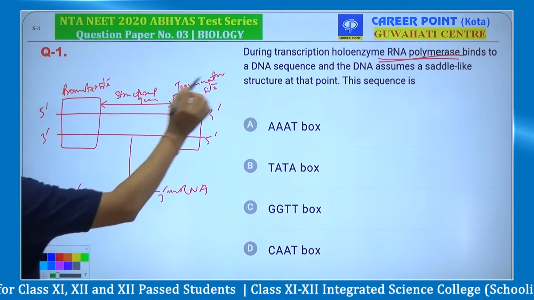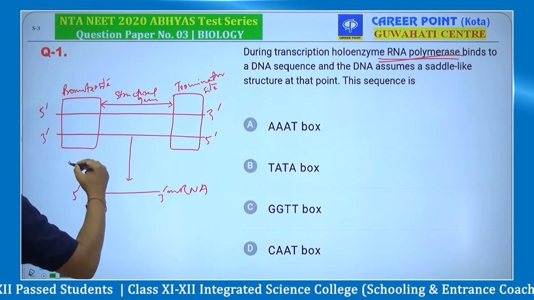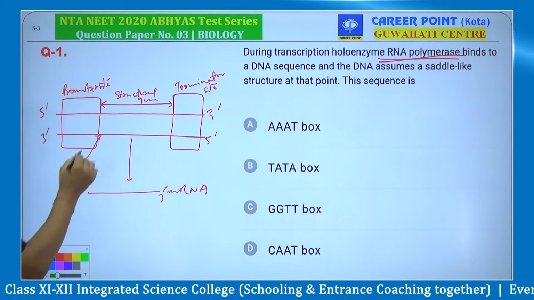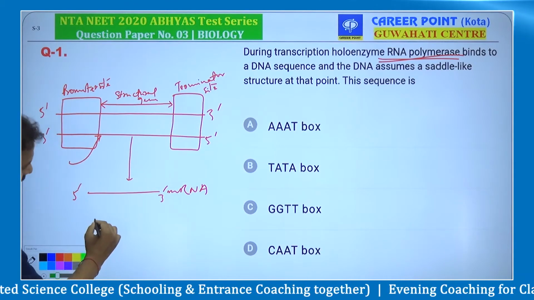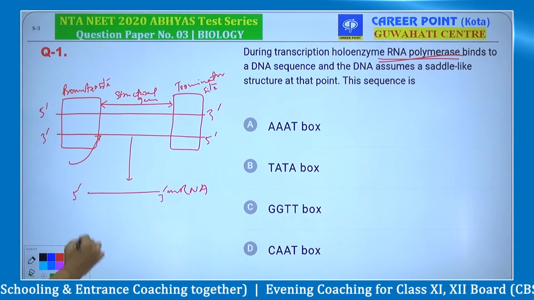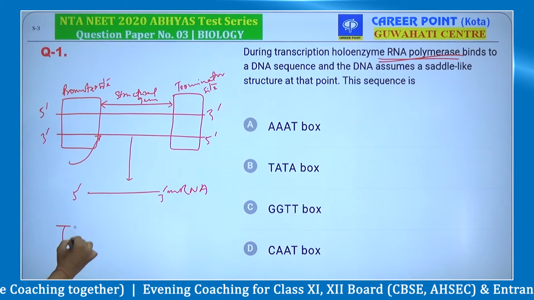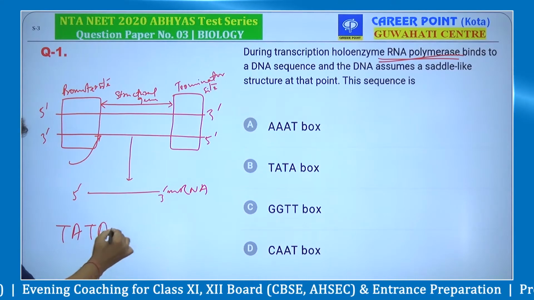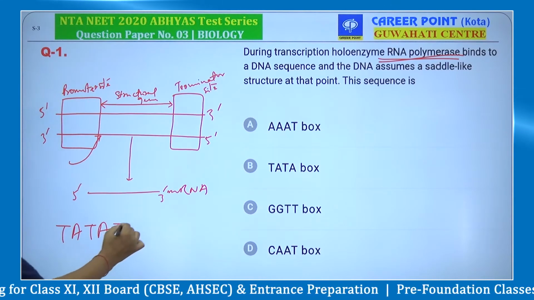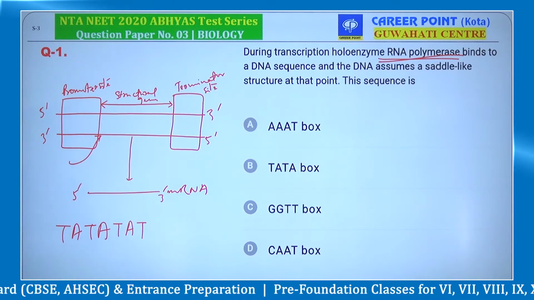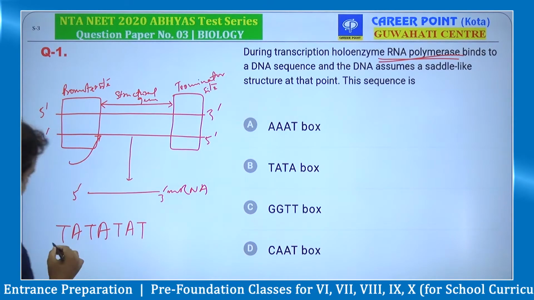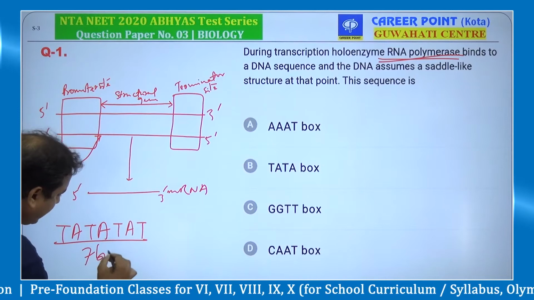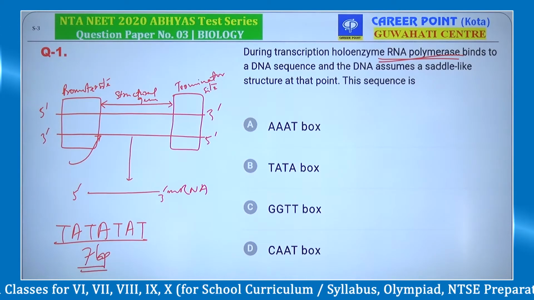Now this RNA polymerase binds with this promoter site, where there is a box present, a 7 base pair sequence, and this is called the Tata box.